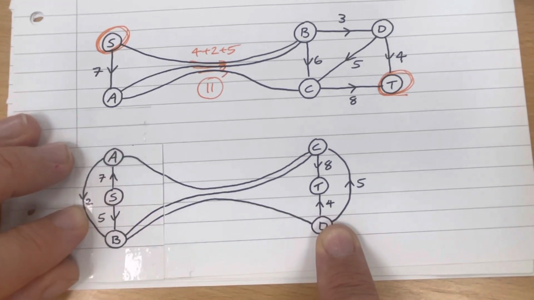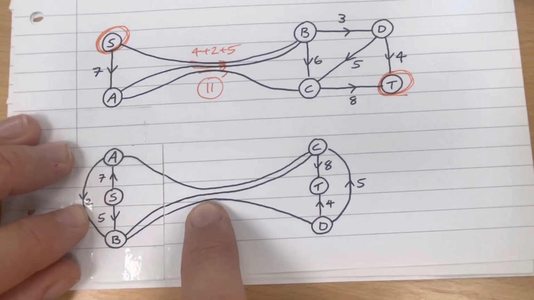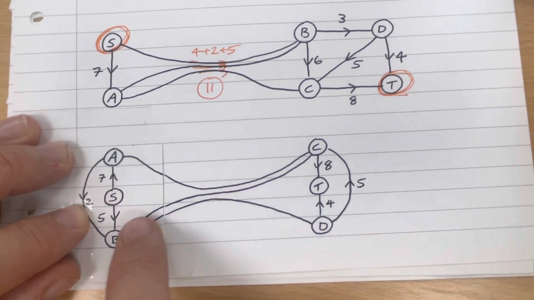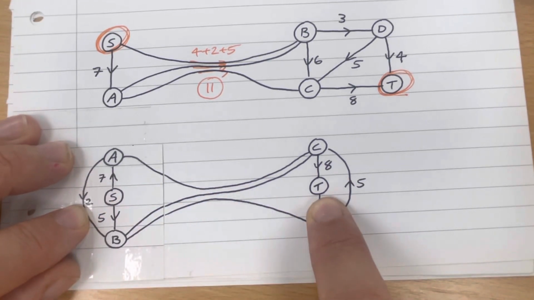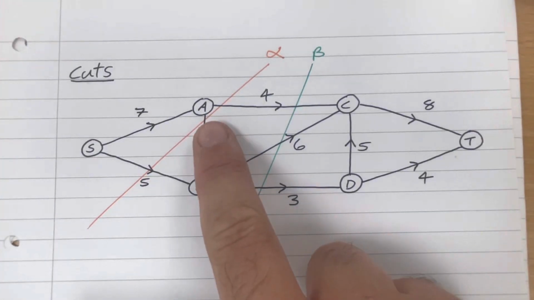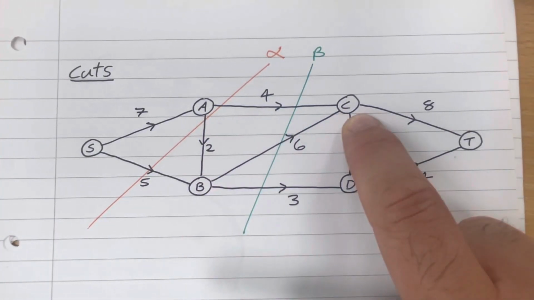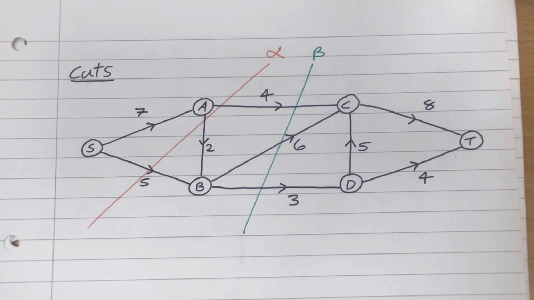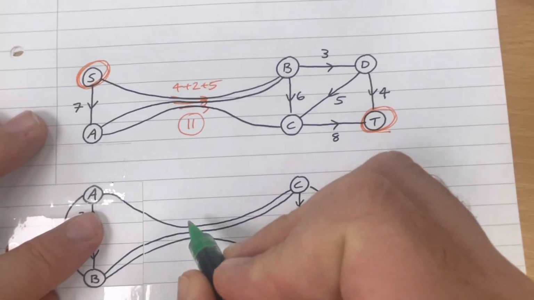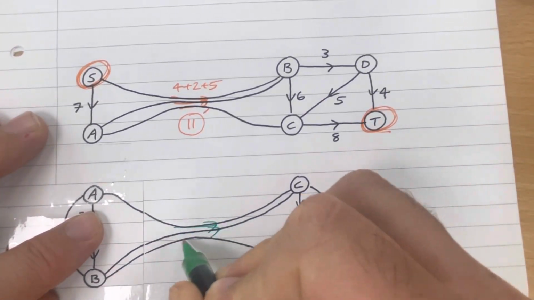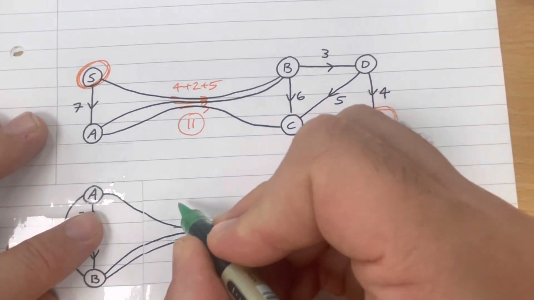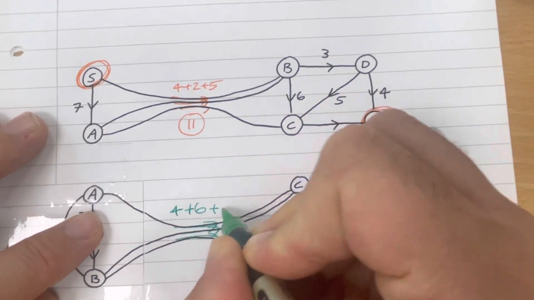So if we look at the capacities of these three pipes, we'll be able to see how much flow we can push through this network. So A to C was 4, B to C was 6, and B to D was 3. So the maximum flow that I can get through these three pipes is 4 plus 6 plus 3.